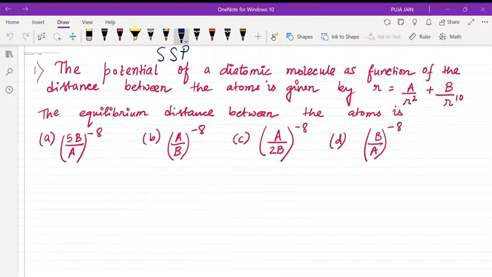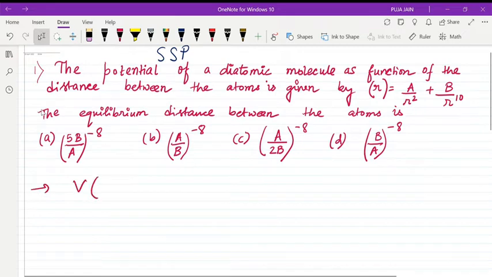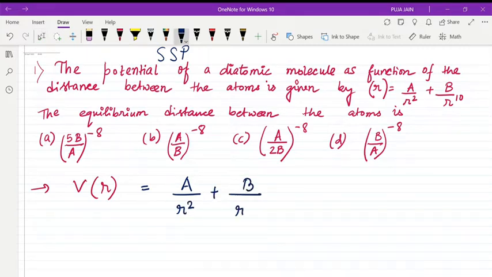This is not r, this is the potential which is a function of r, that is equals to a by r square plus b by r to the power 10. And now they have asked you what is the equilibrium distance.